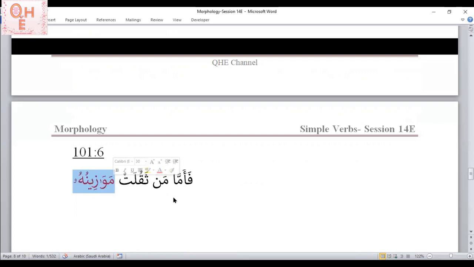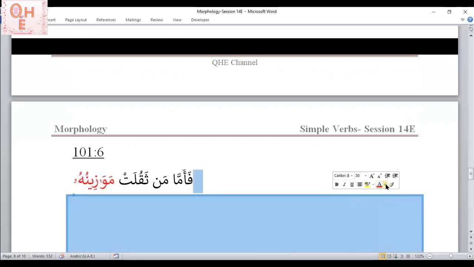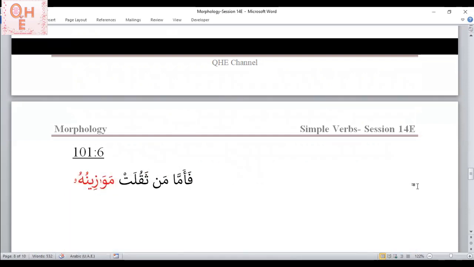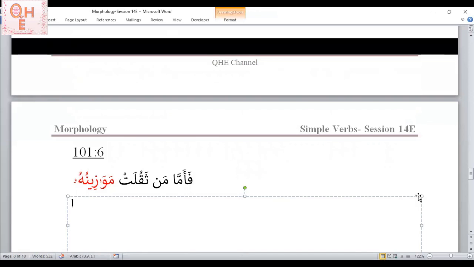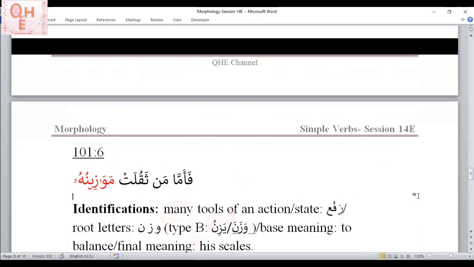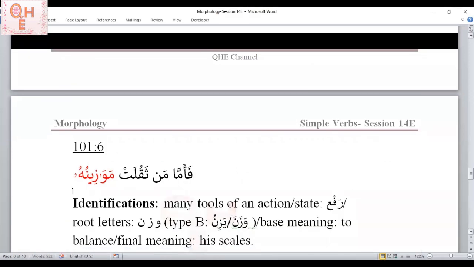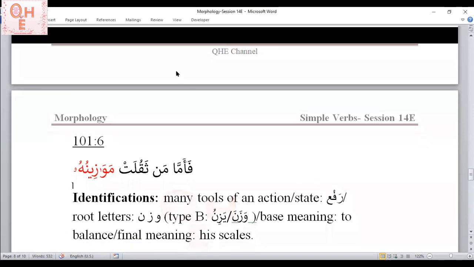This matches with one of the plural patterns. So let's go over, inshallah, the details. So in general, we can say this is many tools of an action. State: definitely I see a dhamma, so it's a default state.